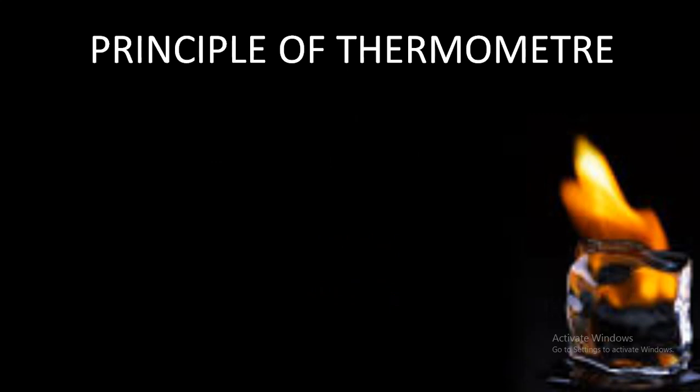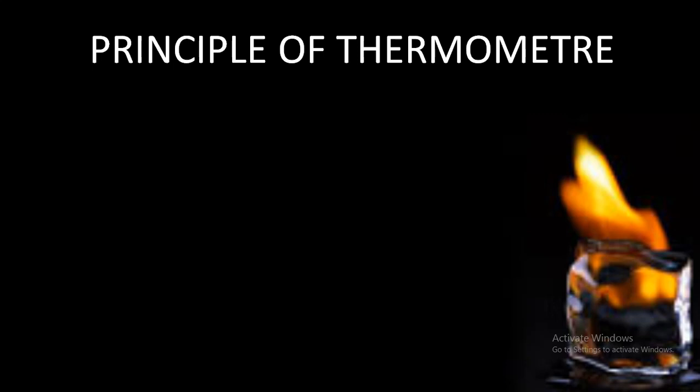So it has a very high boiling point, so that's why we are using it. The third reason is that it has a very shiny, opaque physical state, so we can easily read it inside the thermometer whenever it shows the temperature.